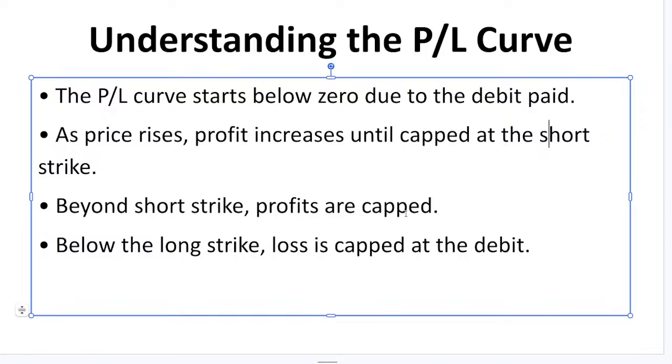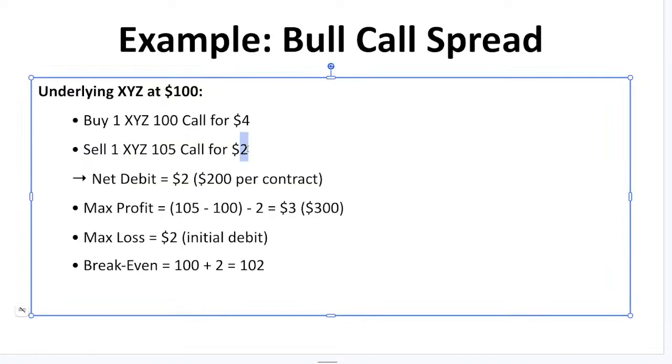The sold call will reduce the profit, the bought call will increase the profit, so you net 0. That's what it says upon expiration. Beyond the long strike, loss is capped at the debit. So instead of a $4 loss, you are capped at $2 because you collected $2 premium after selling at 105.